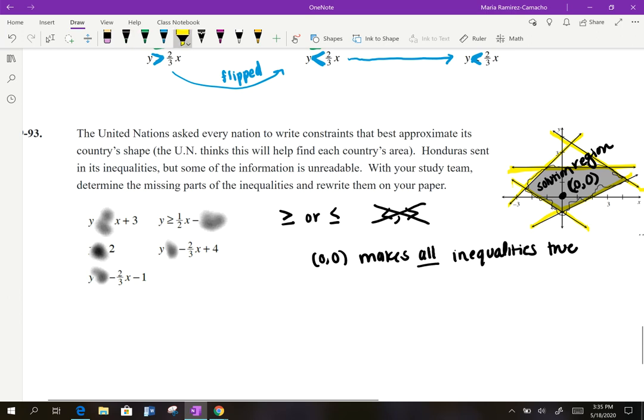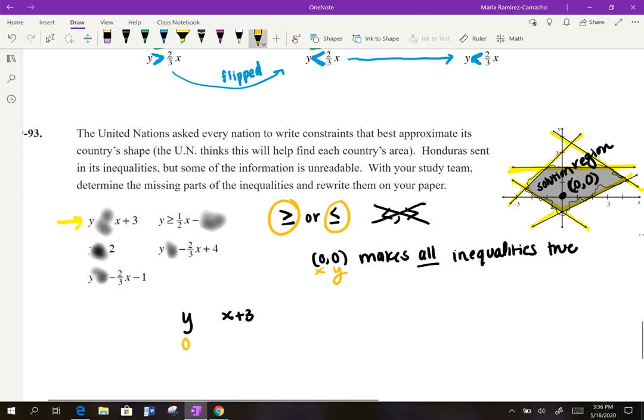So let's pick the first one. Okay, y, and then blank. We don't know what the symbol is. X plus 3. I'm going to plug in 0 for x and 0 for y, and then fill in the missing inequality. It's either greater than or equal to, or less than or equal to.